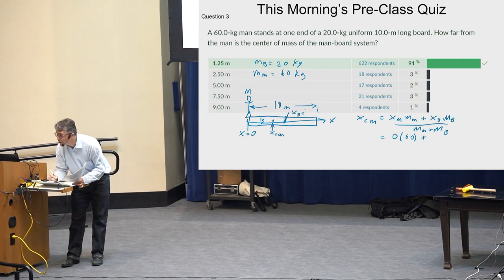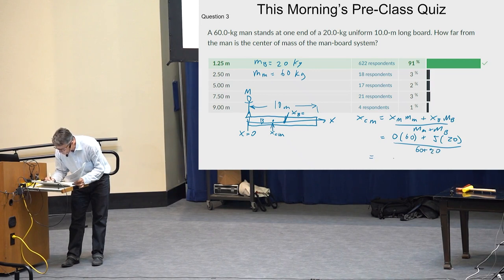I think it's going to be the center, yeah. So what's that number? What do I use here? Somebody yell a number at me. 5, I like that number. Times 20. And then you divide by 60 plus 20.